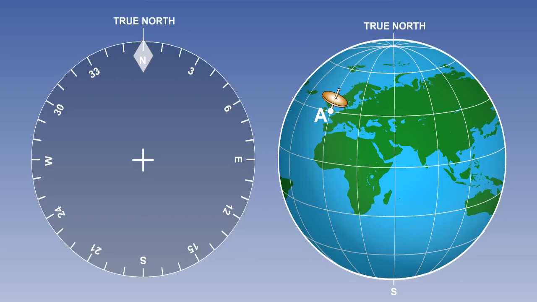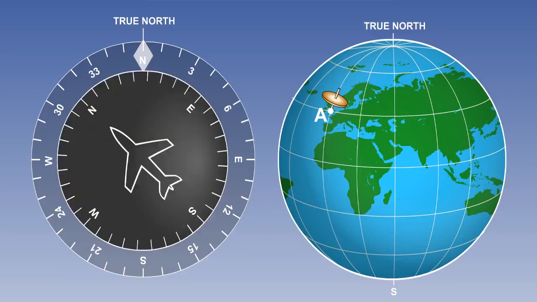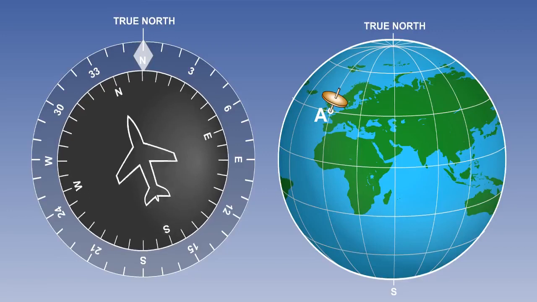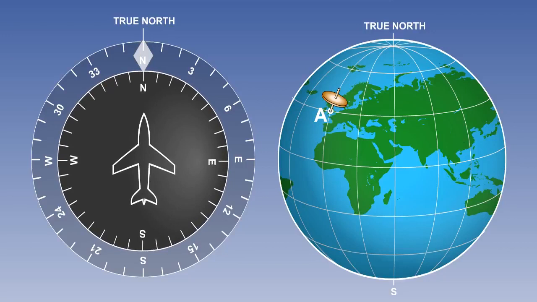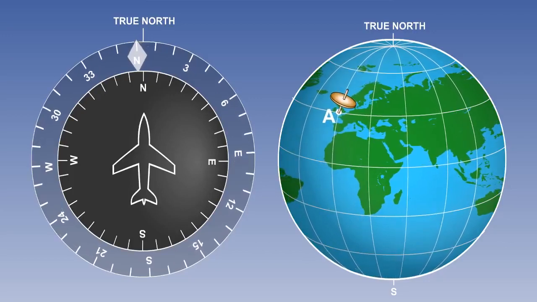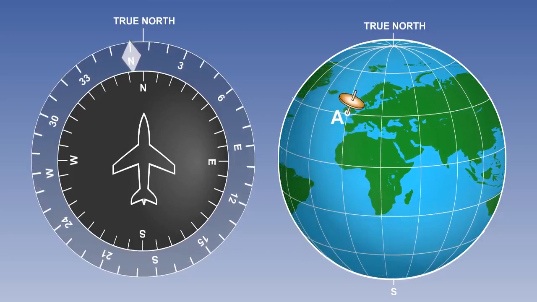So with this in mind, a way to envisage the effect of apparent wander on a DGI is to imagine a compass rose pointing towards true north at position A. If we now superimpose a DGI compass rose and align it with true north also, we can see that during the course of a day, as the Earth rotates on its own spin axis, the bearing of true north relative to the gyro north changes.